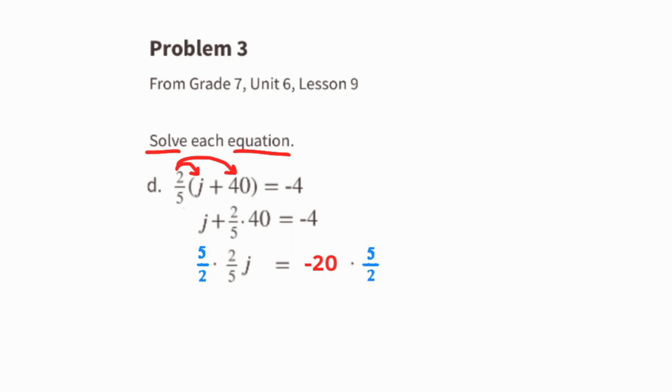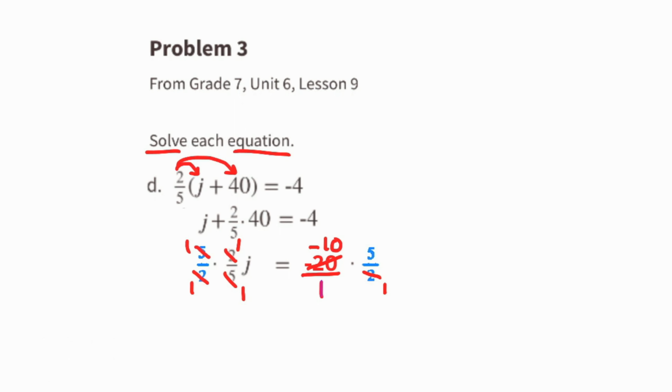We can multiply negative 20 times 5 over 2 by putting a 1 underneath the 20. It still has the value of negative 20, but it's written as a fraction, negative 20 over 1. We could multiply straight across, or we could simplify first. On the left-hand side of the equal sign, we have 1j. We didn't have any math to do. We already knew we were going to have 1j because we multiplied by the reciprocal of 2/5.